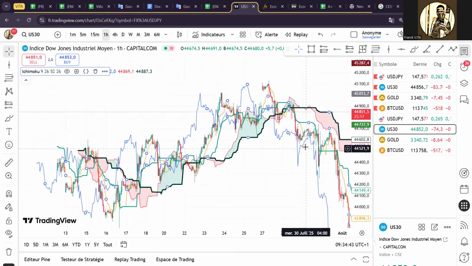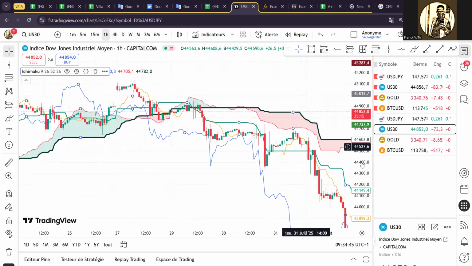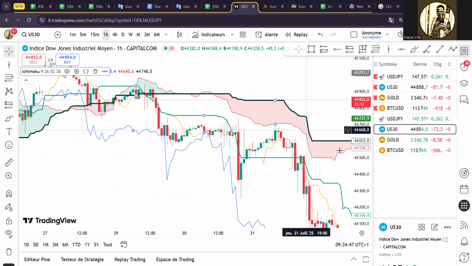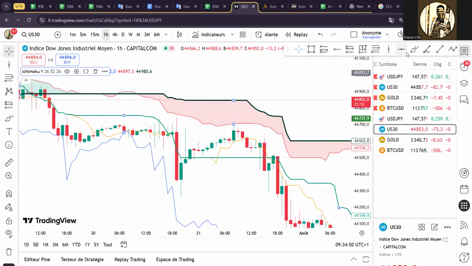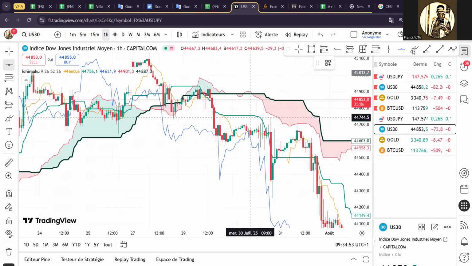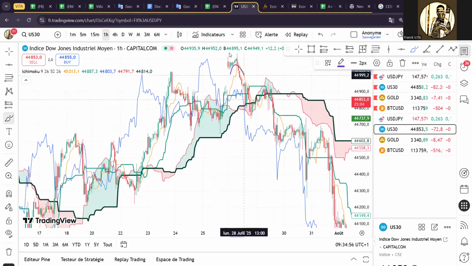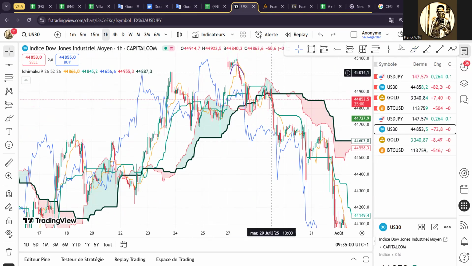Now you also have another V stop like this one. There's a V stop above Tenkan. This is the V stop. This is Tenkan mountain. This is the V stop here, just above.